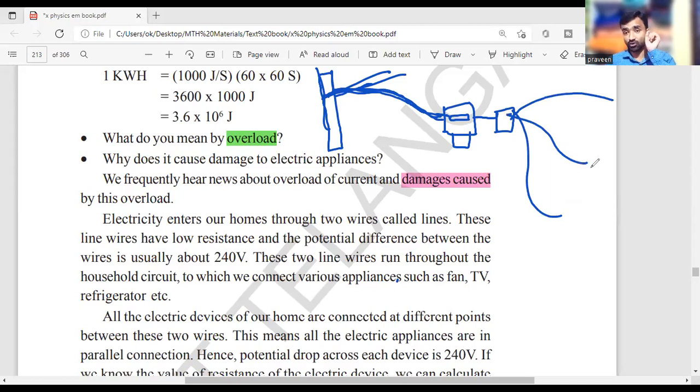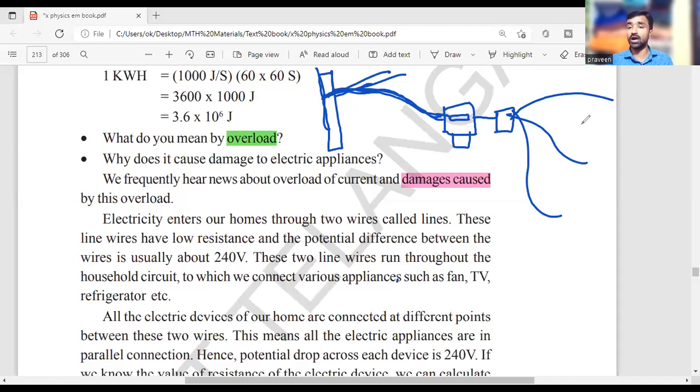Then in each room you are using many switches to operate many appliances like bulb, fan, AC, refrigerator, grinder, electric heater, etc. Are they operated by a single switch or many switches? Many switches. Why do we use them?